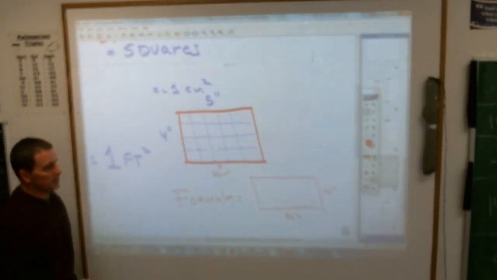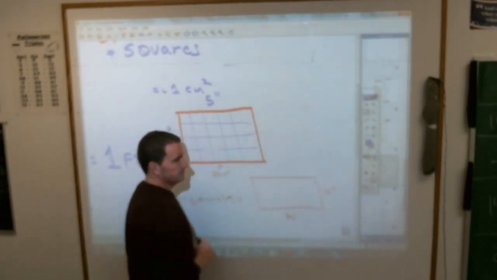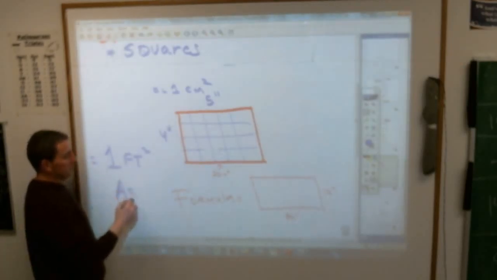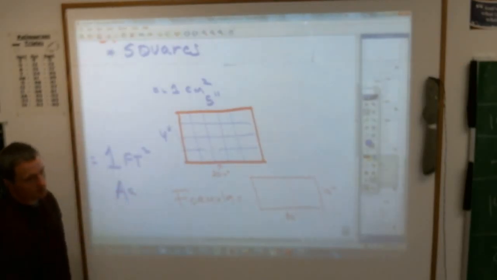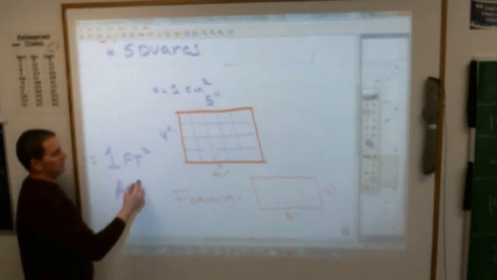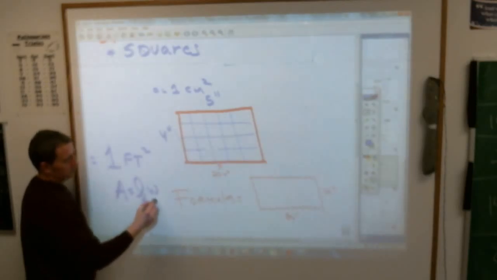Guess what that formula is, Bryce? Multiplication. Yeah, what do we multiply though? Well, if we're doing a general one, area equals, the general rectangle formula is length times width. Right, L times W, or length times the width.